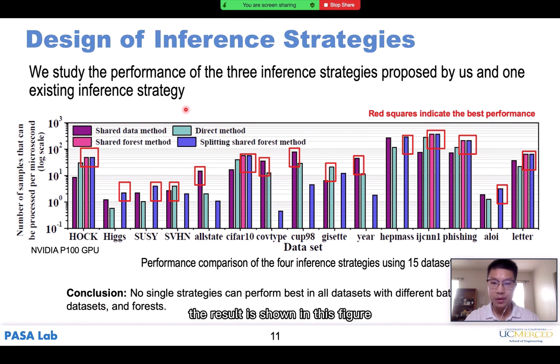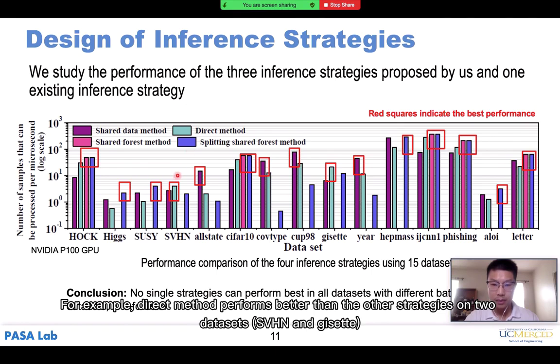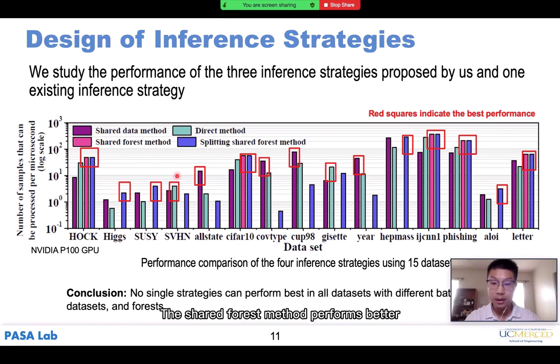The result is shown in this figure. The red marks are the methods that correspond to the best performance. For example, the direct method performs better than others in two datasets, SVHN and GIST. The shared forest method performs better than other strategies in 5 datasets. We can easily observe that no single strategy can perform best in all datasets.